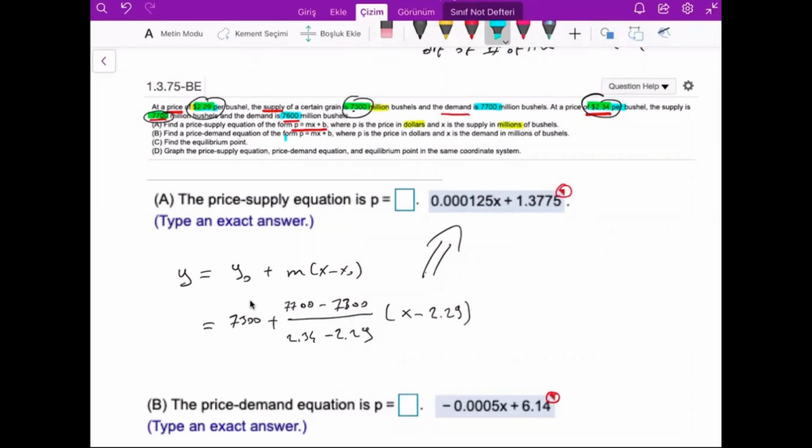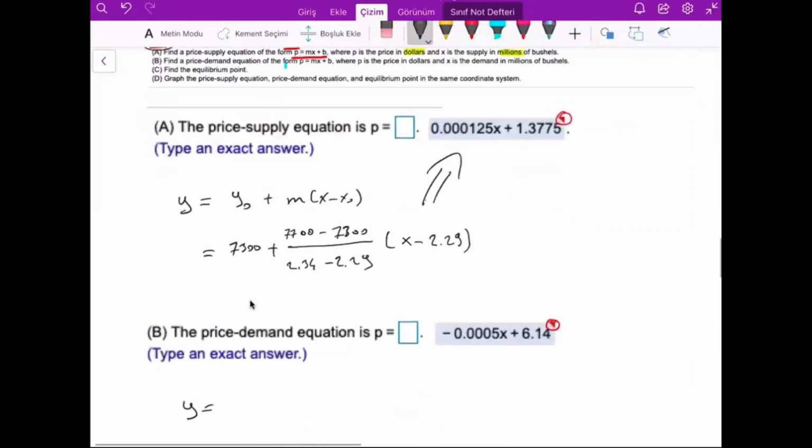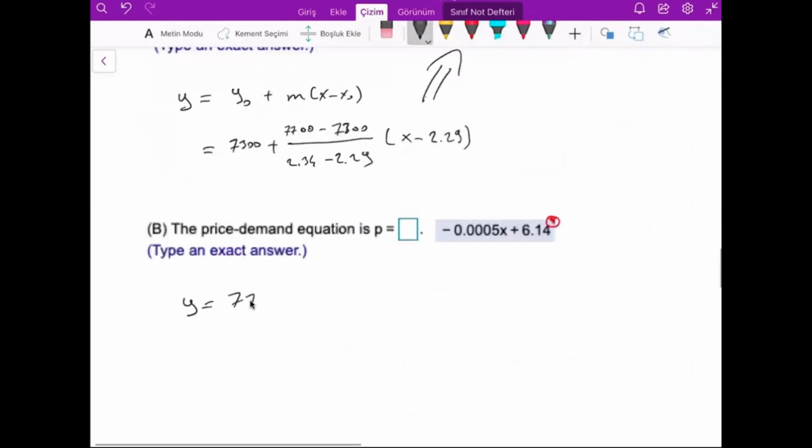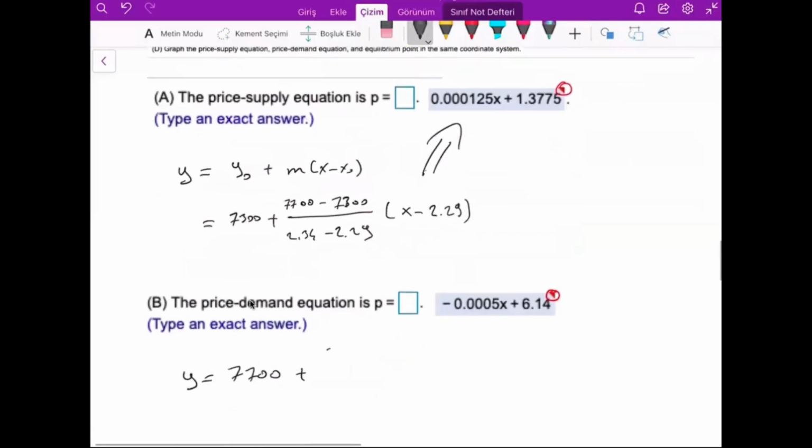Again, the prices are the same. So y minus y0, directly I will write y0 as 7,700, sorry, plus, what is m? Let's write the m. We should subtract the small one from the big one. So I would choose 7,600.